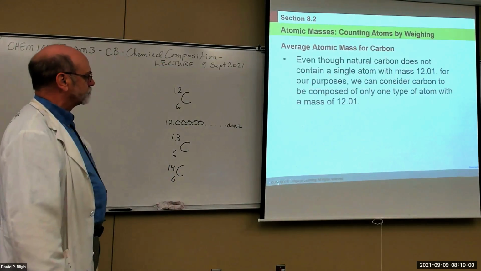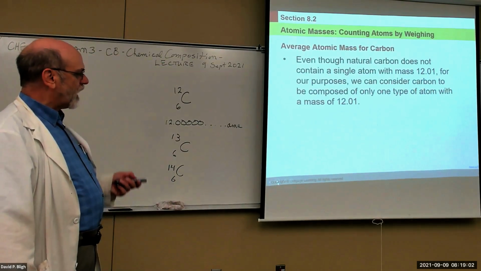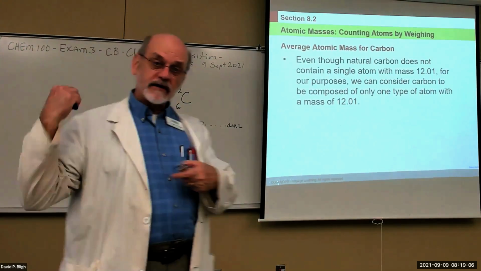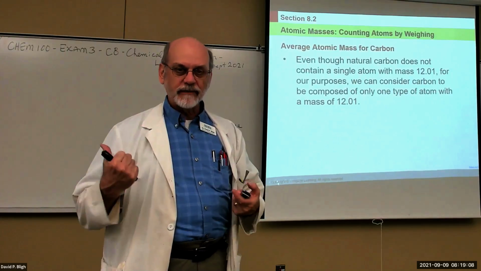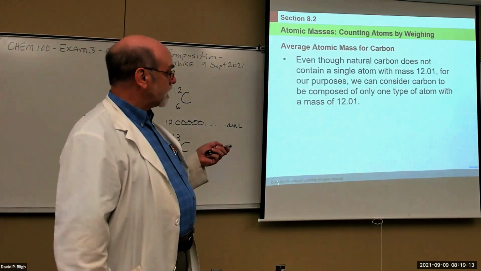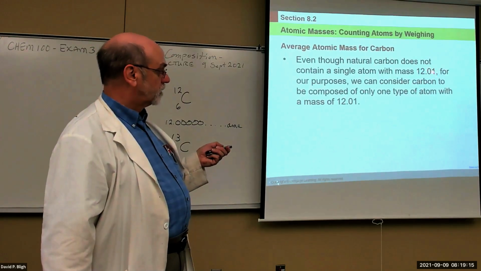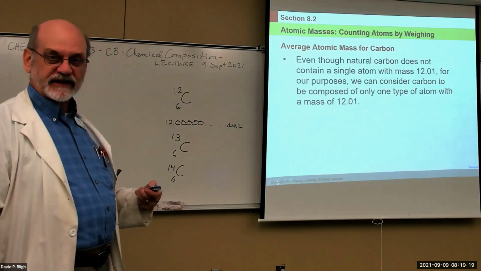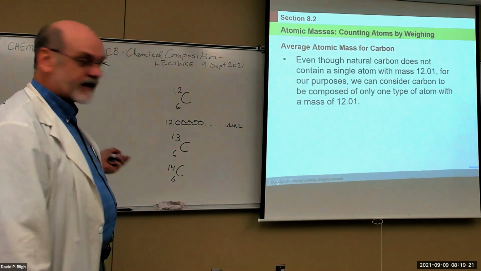Okay? So that's why the average value that you'll see in the periodic table for carbon, rounded off to 2 decimal places, is 12.01, because it includes the influence and the abundance of that other isotope.